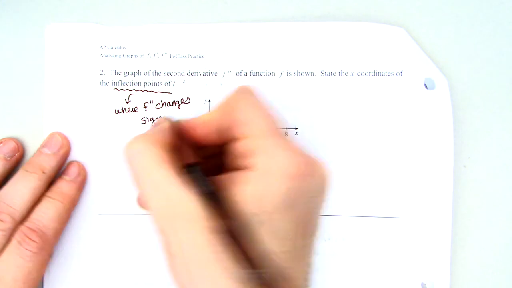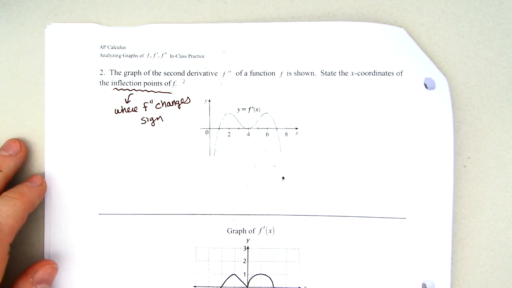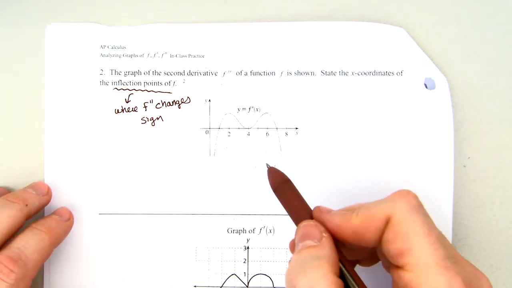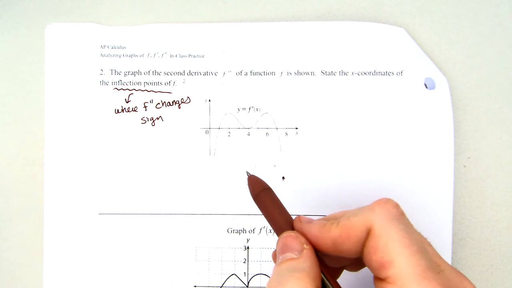Have you realized we're looking for where f double prime changes sign? What am I looking for changing sign? The y values on this graph or the slope on this graph? Y values.